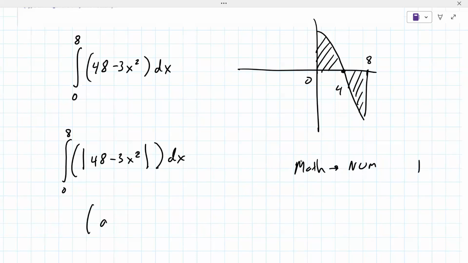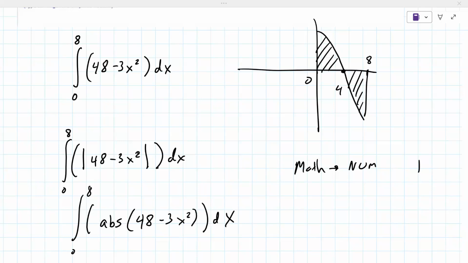So inside that parentheses, you would have ABS 48 minus 3x squared. Okay, I got 384. 384, I agree. Sweet.